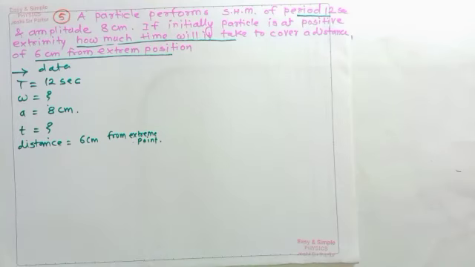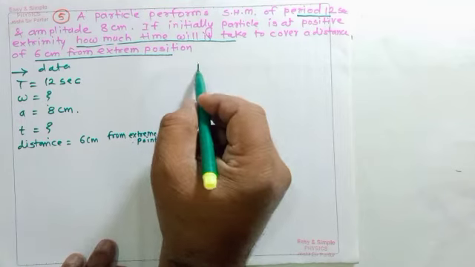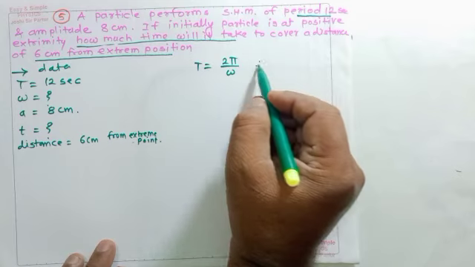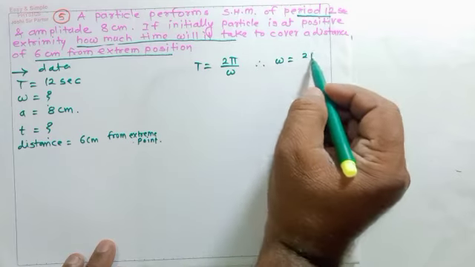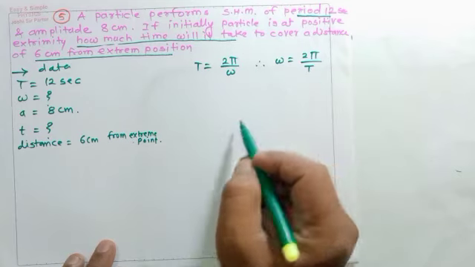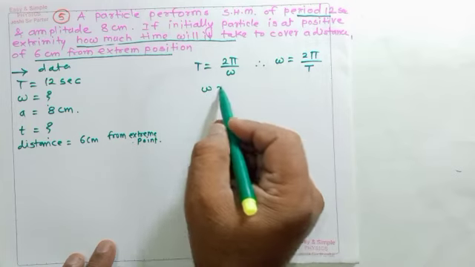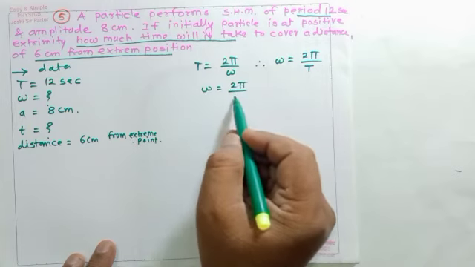So here, when the particle is moved from extreme point, we can use the displacement of the particle at extreme point. But before seeing, we can use the formula T equal to 2 pi upon omega. Therefore, omega is equal to 2 pi upon capital T. If we substitute the value of capital T, then omega equal to 2 pi upon 12.